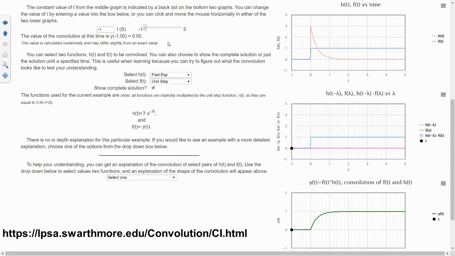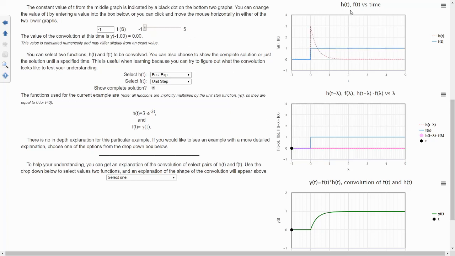So what you see in this particular demo is that we have two functions, f of t and h of t. f of t is shown in the blue color over here, and h of t is this function in the red color. So let's see how the convolution of these two functions is computed.